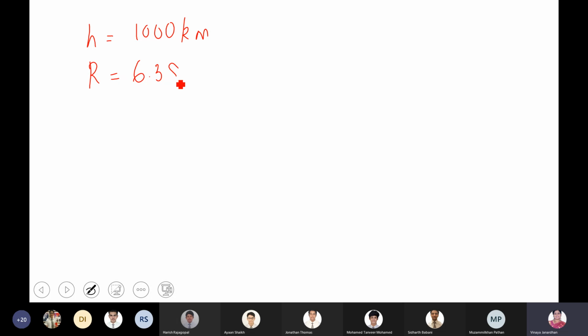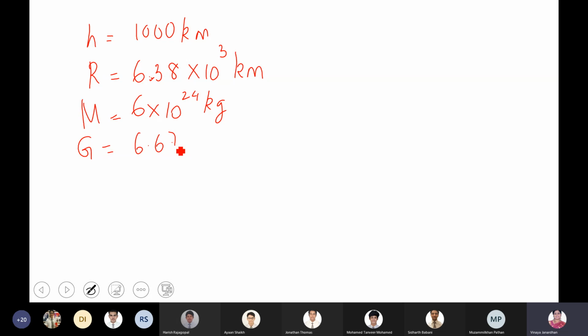The radius of the Earth is 6.38 into 10 to the power of 3 kilometers. Mass of the Earth is 6 into 10 to the power of 24 kilograms. And your gravitation constant is 6.67 into 10 to the power of minus 11 newton meter squared per kilogram.